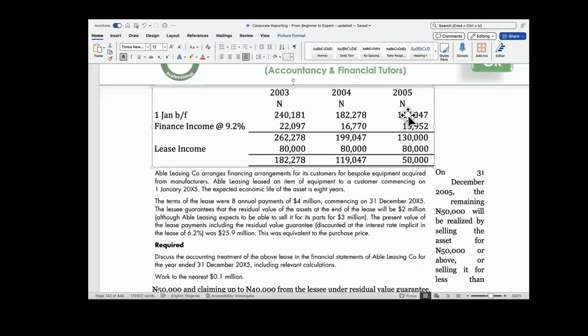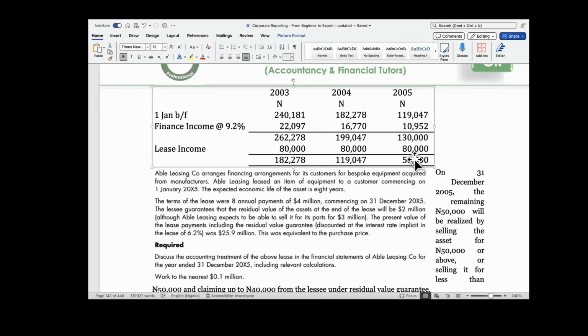You apply 9.2% on that also, it gives you 10,953, making 130,000. You remove the 80,000, which brings you to 50,000. You see, the balance of 50,000 is the residual value of the asset.